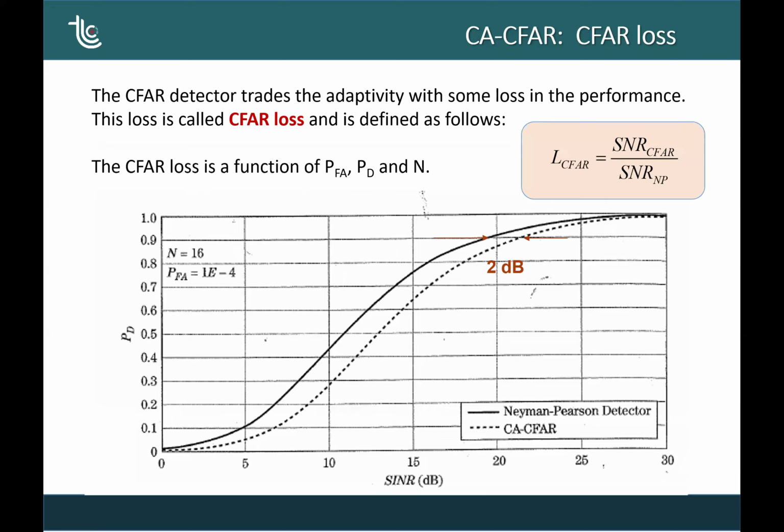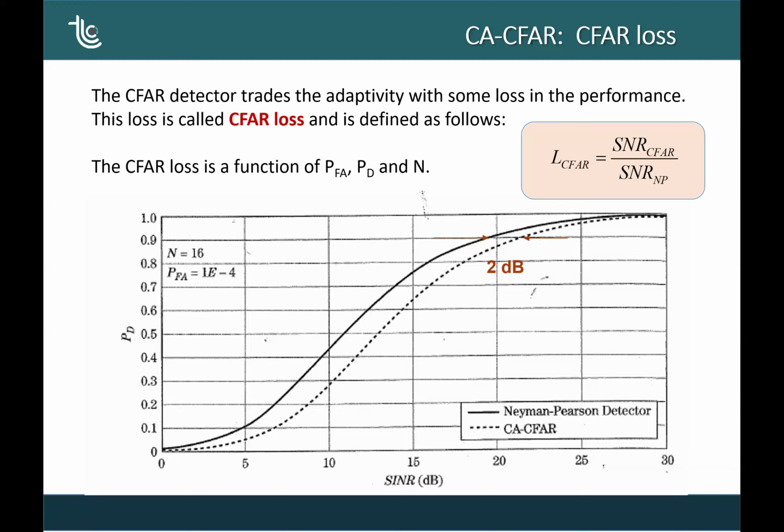So let's suppose that we want to have a specific probability of detection for a set probability of false alarm and for a certain number of cells or samples that we use for estimating the noise power.